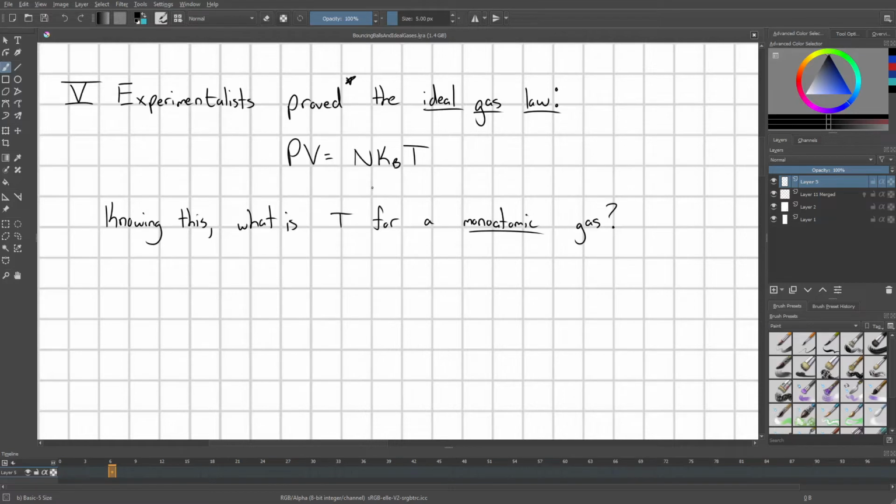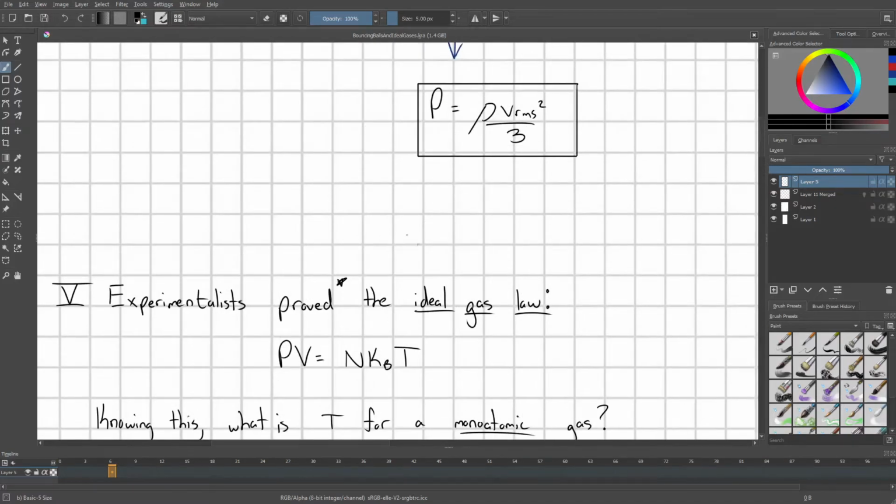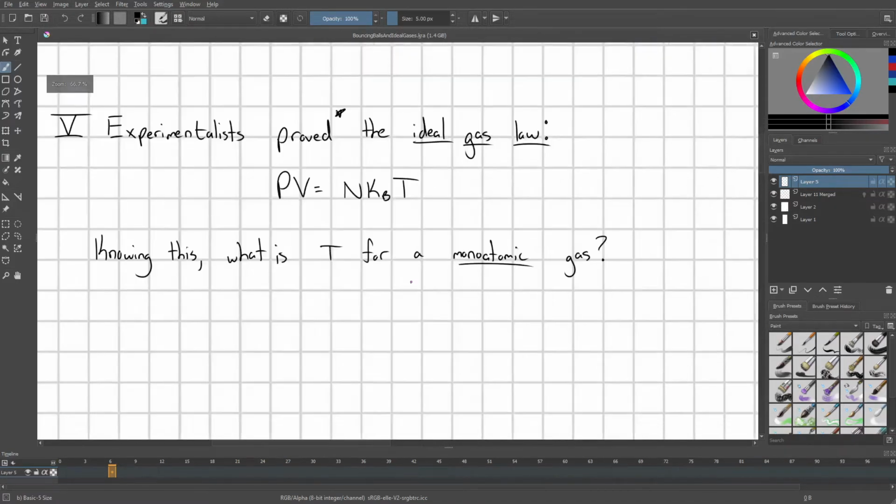So, knowing what we figured out in the rest of these videos about the pressure of an ideal gas, what is the temperature for a monoatomic gas? So all we have to do is sub in our pressure and go from there.